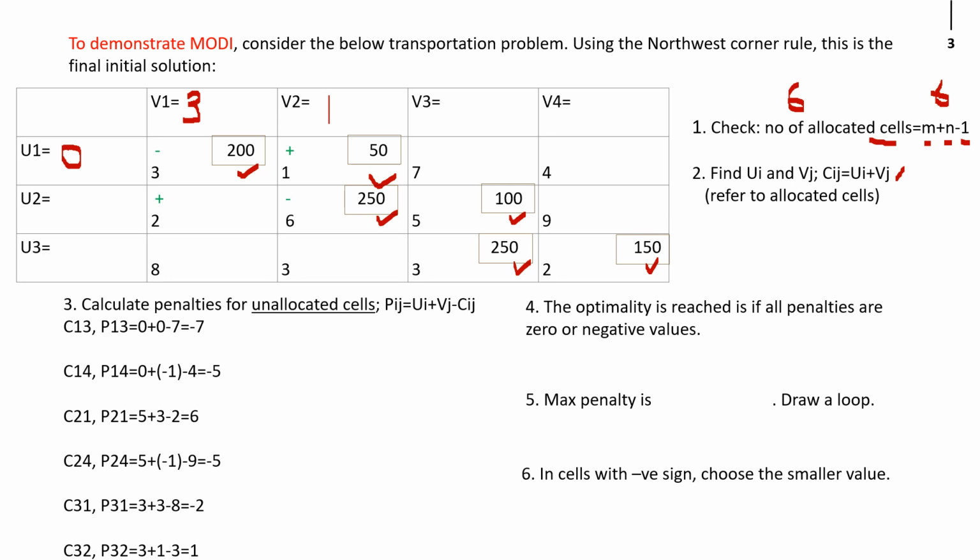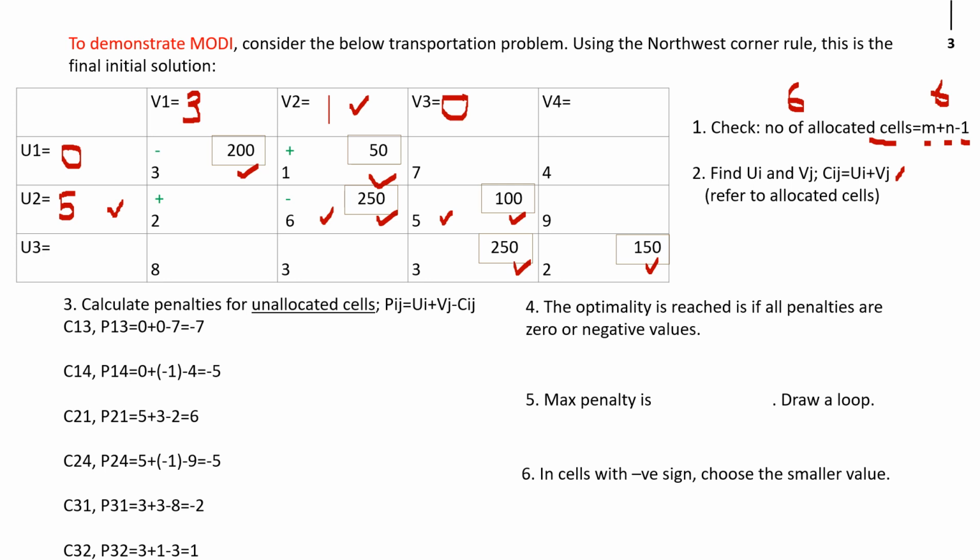U2 plus 1 equals 6, so U2 is 5. 5 plus 1 is 6. Now we can find V3. U2 is 5, 5 plus V3 equals 5, so V3 is 0.